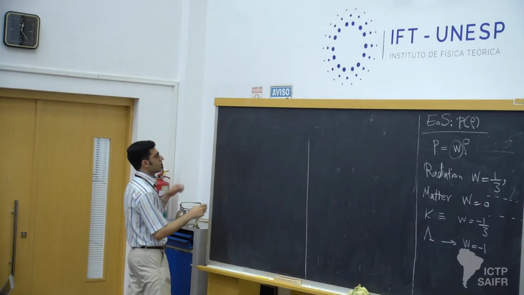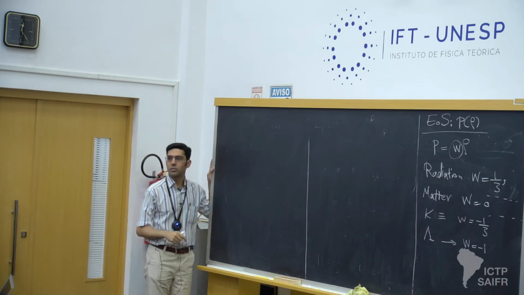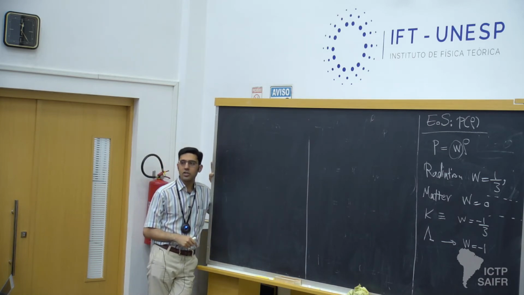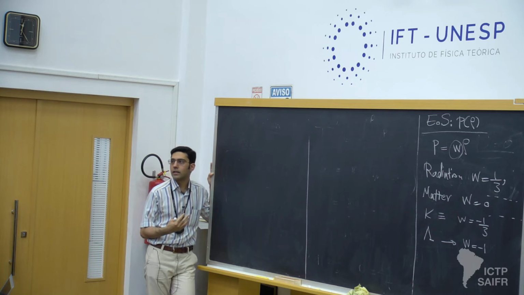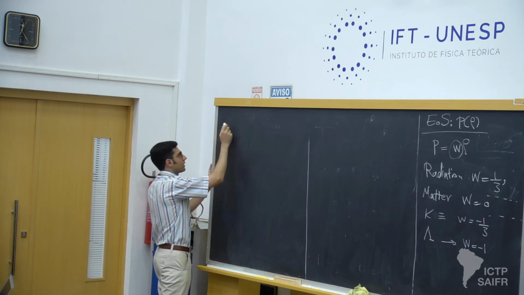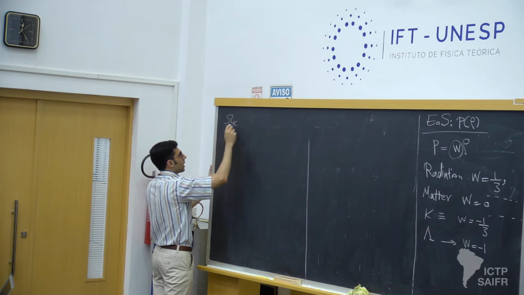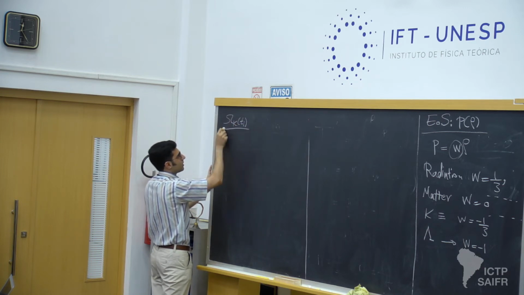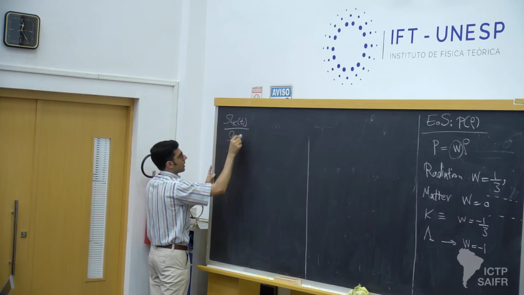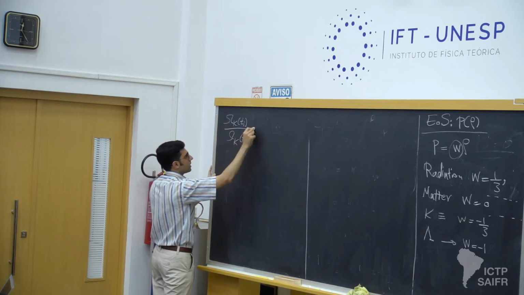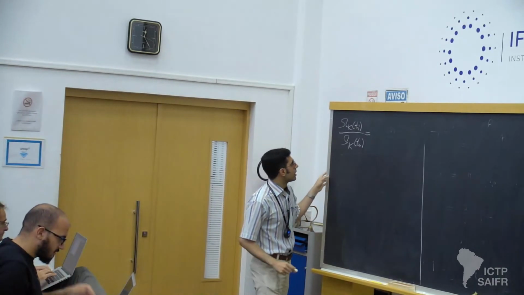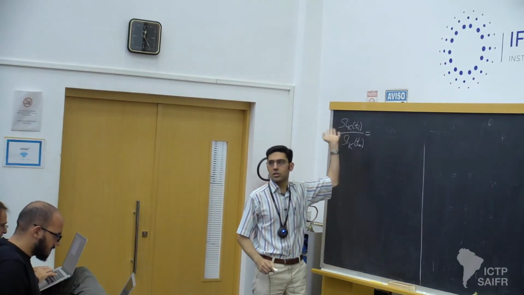Let's look at the curvature problem. The curvature problem was, we wanted to look at the ratio of the omega k at two different times. And that was very easy, right? Omega k at ti divided by omega k at t naught. Let's say we want this ratio to become order 1, for instance.